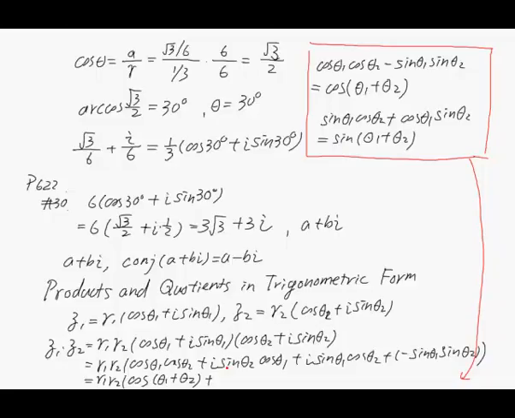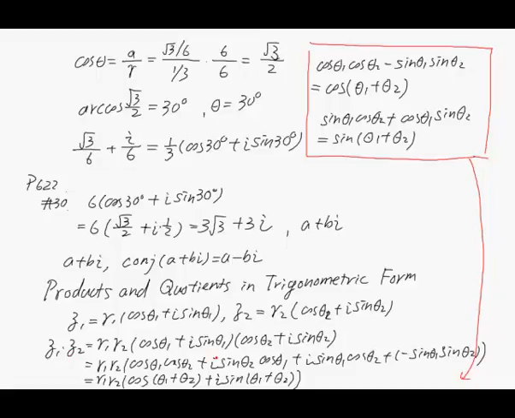Now, the second part is the i times sine of theta 1 plus theta 2. So that means when you multiply two complex numbers in the trigonometric form, you just need to multiply their moduli, right, the r1 and r2, and then add the arguments. So the argument of the product is equal to the sum of the arguments of these two complex numbers.